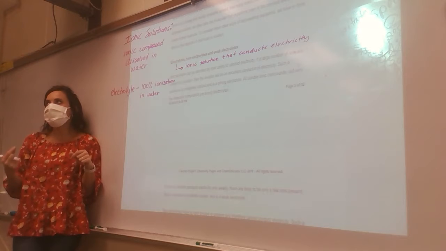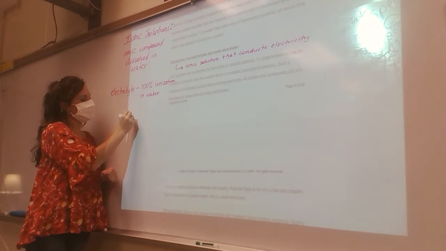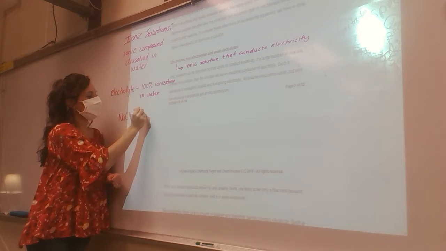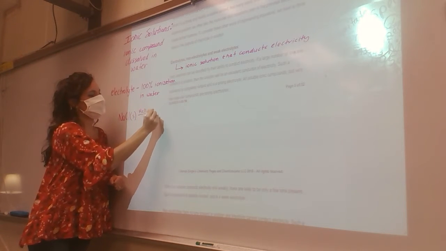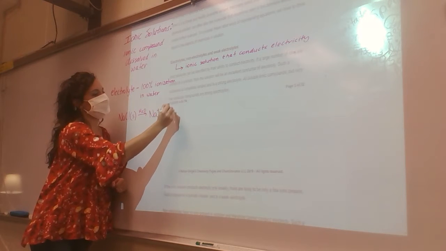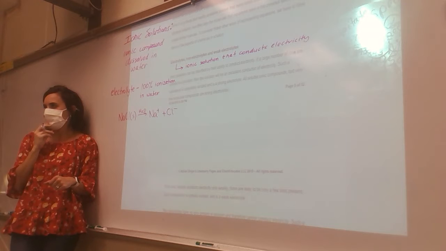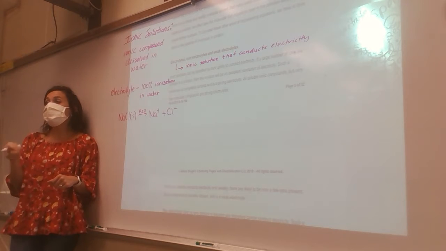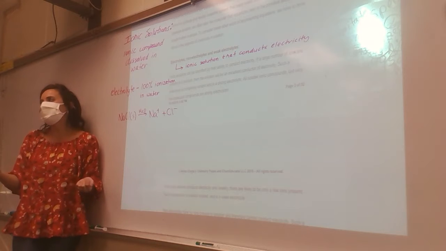That's a strong electrolyte. If you put solid sodium chloride in water, 100% of it breaks down into sodium ions and chloride ions. The more ions you have, the more electrolytic it is.